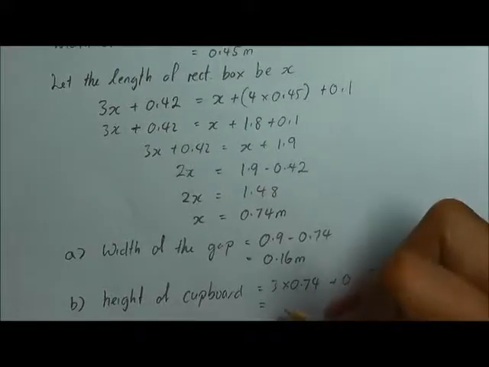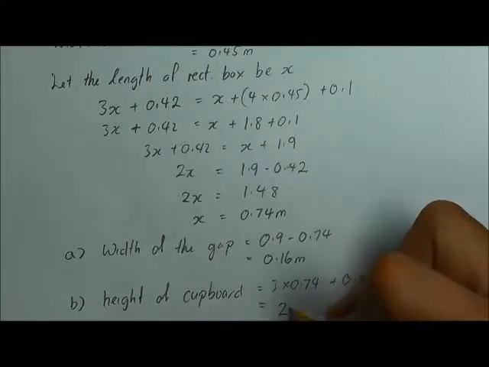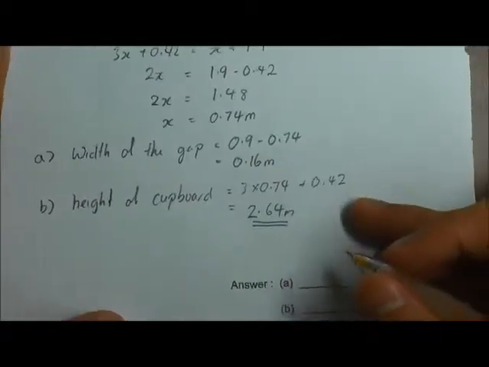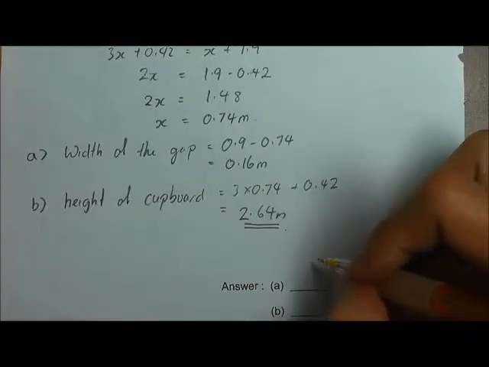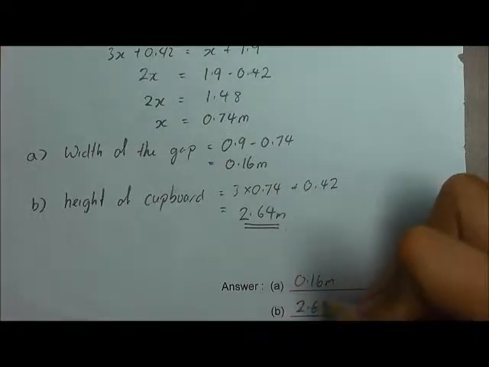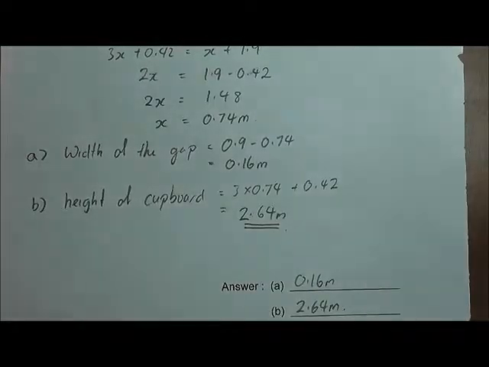The answer will be 2.64 meters. So that's our answer. Let's write it in. For A, the answer is 0.16 meter, and for B it is 2.64 meters.